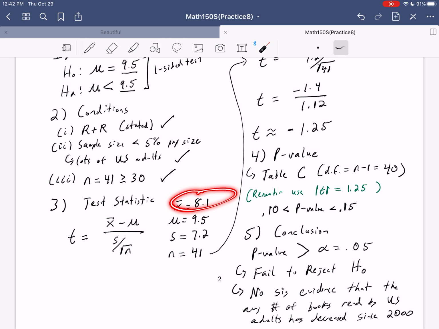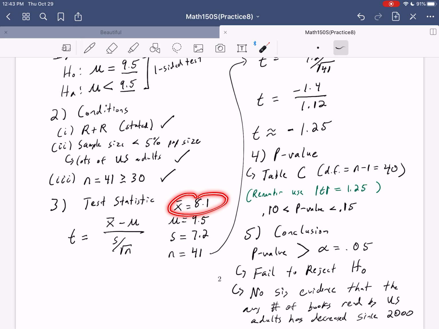In other words, we're saying that yes, our group, the 41 adults that we investigated, their average was lower than the average for people back in 2000. It was 8.1 versus 9.5. But given the amount of deviation and given the relatively small sample size, we're not convinced that this is far enough away from 9.5 to believe that there has been an overall change in the population.